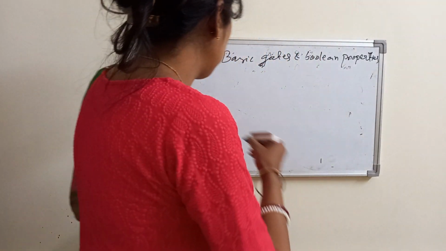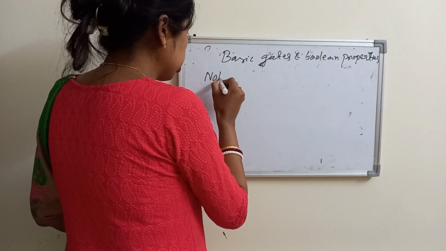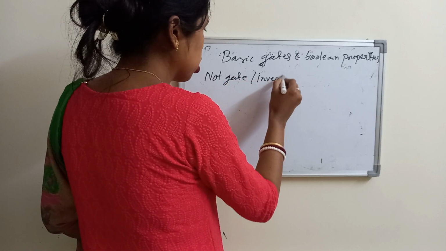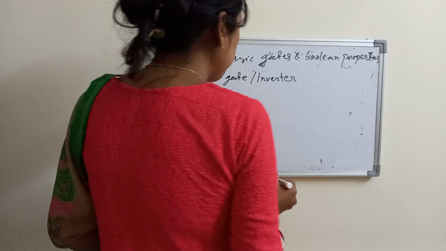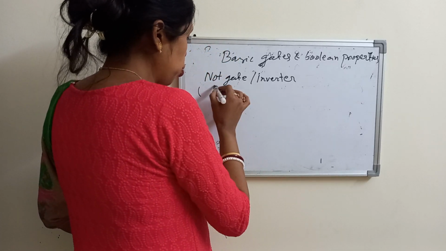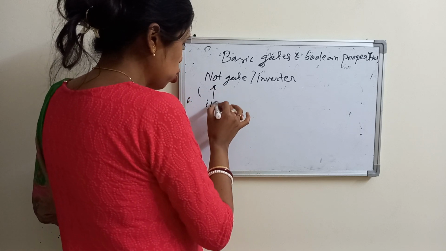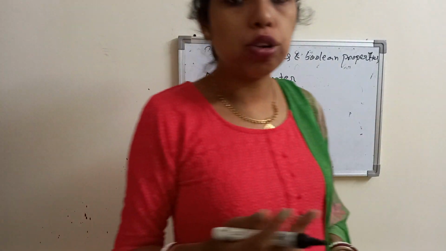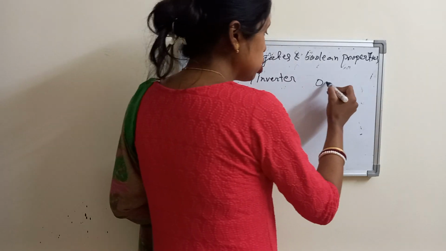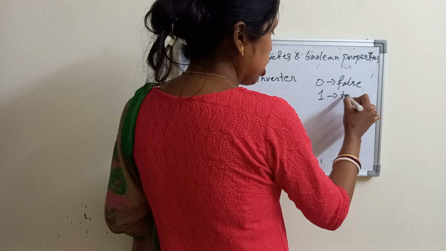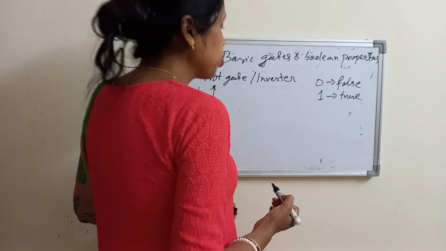First is the NOT gate, or inverter. Suppose I am giving one input. In the case of digital values, there are two values: either 0 or 1. 0 can be considered as false, and 1 is considered as true.